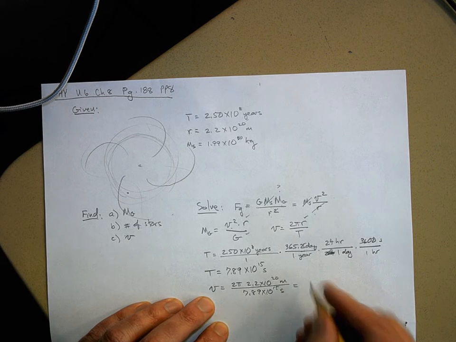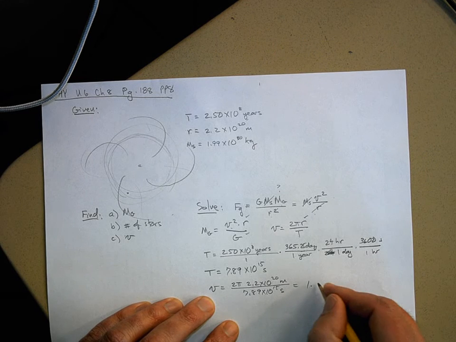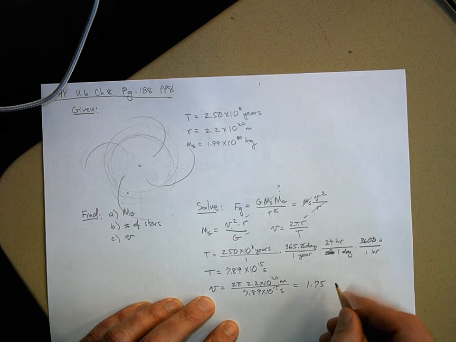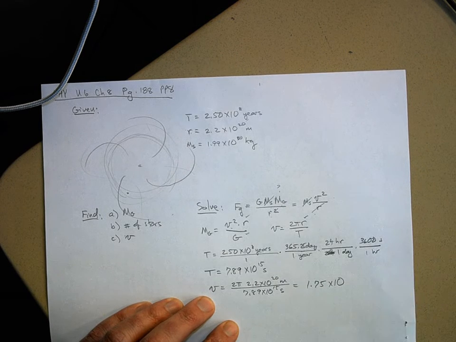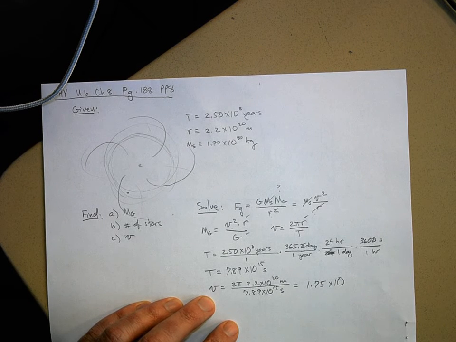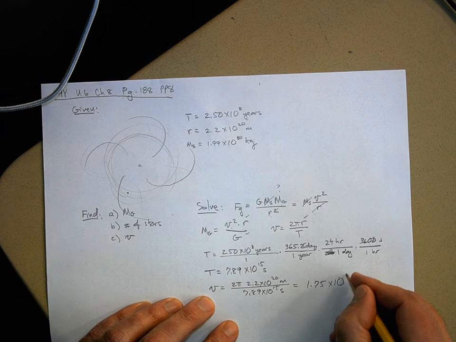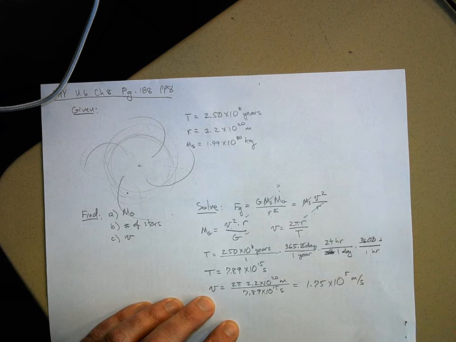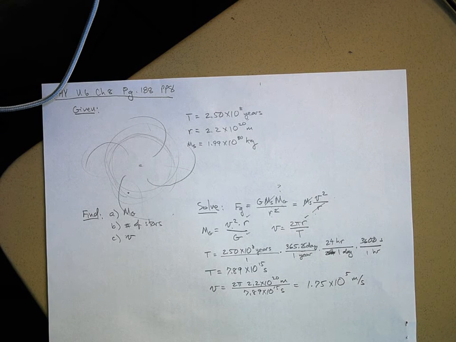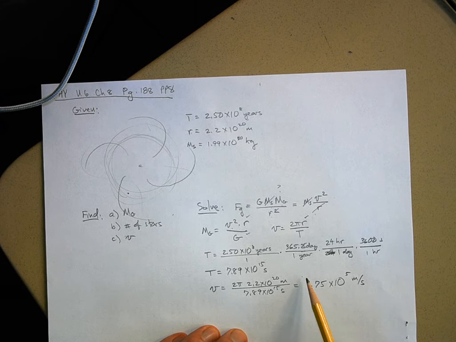And I get 1.75 times 10 to the 5 meters per second. It's a long ways in 1 second. It's really, really fast. Was that the answer that they gave you? Does that match with what you guys got?